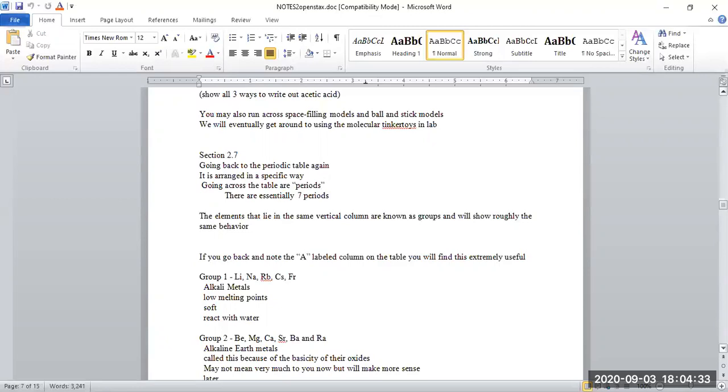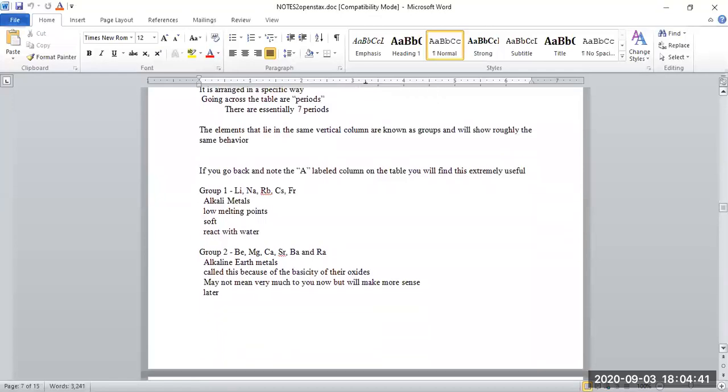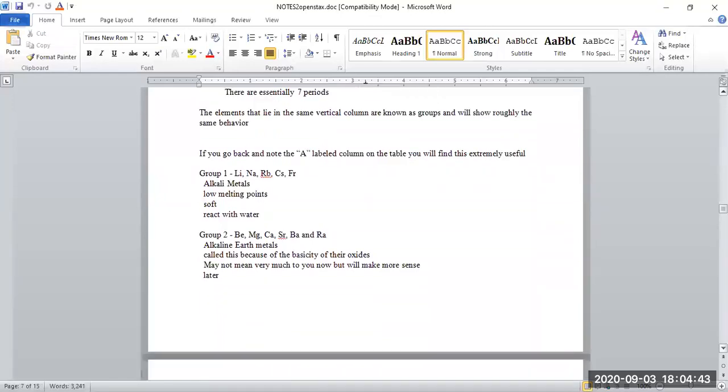This group, sometimes referred to as group 1, is known as the alkali metals. Some of these groups have names for the family, and alkali metals have certain things in common.